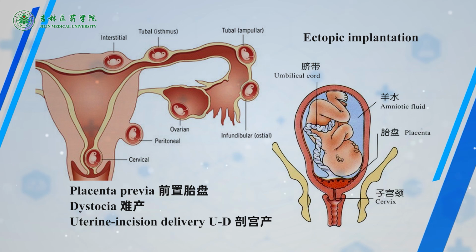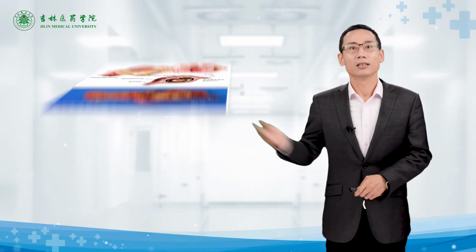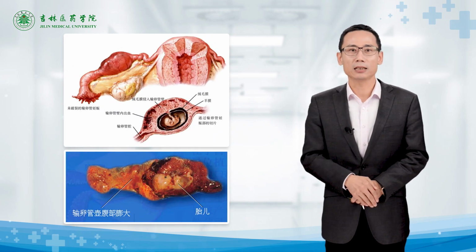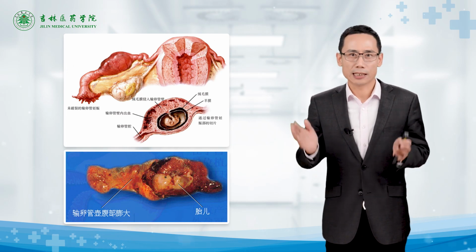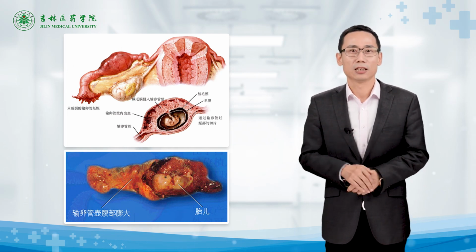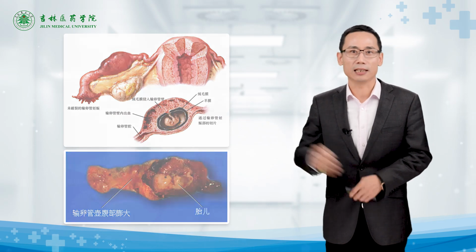Most of the ectopic embryos die early and are absorbed due to the lack of nutrition supply, and a few embryos implanted into the oviduct develop to a large extent, which results in the rupture and hemorrhage of the oviduct. The picture above shows the pattern of salpingocyesis, and the following is the removed oviduct. You can see the embryo inside.